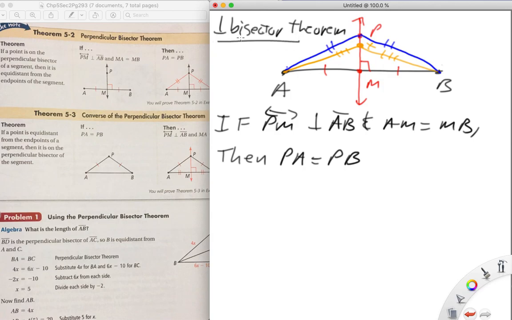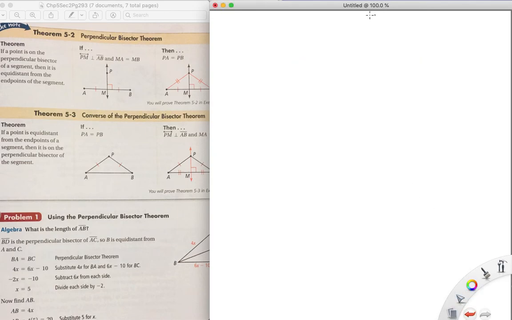Okay. We also have something called the perpendicular bisector converse. What the perpendicular bisector converse says is that if we have line segment A and B, let's say I'm going to draw a perpendicular bisector right here. I'm just going to cut this in half. This is AB.